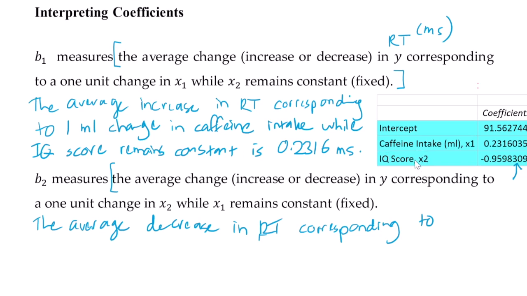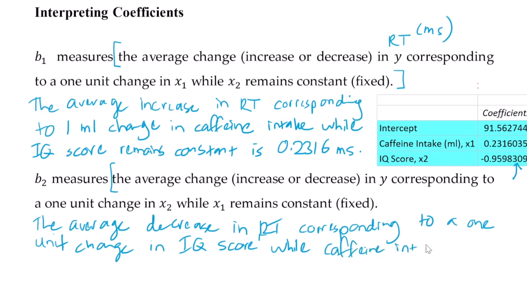X2 is our IQ score. Without a unit, I would simply write 1 unit change in IQ score, while X1, the caffeine intake, remains constant, is 0.9598.